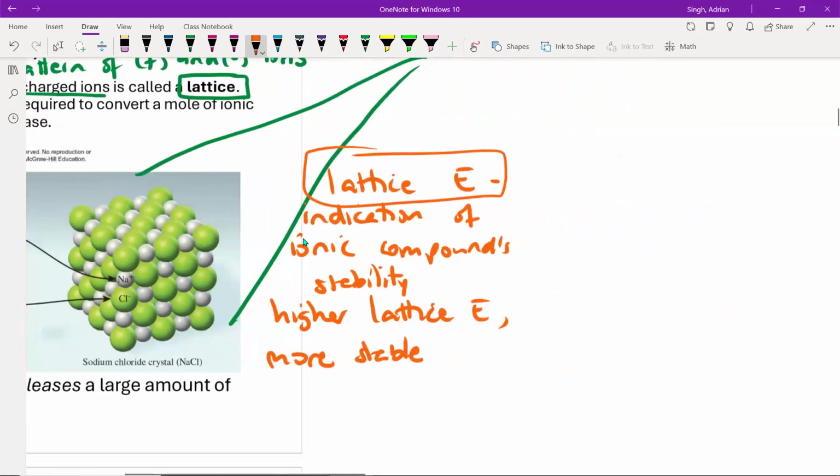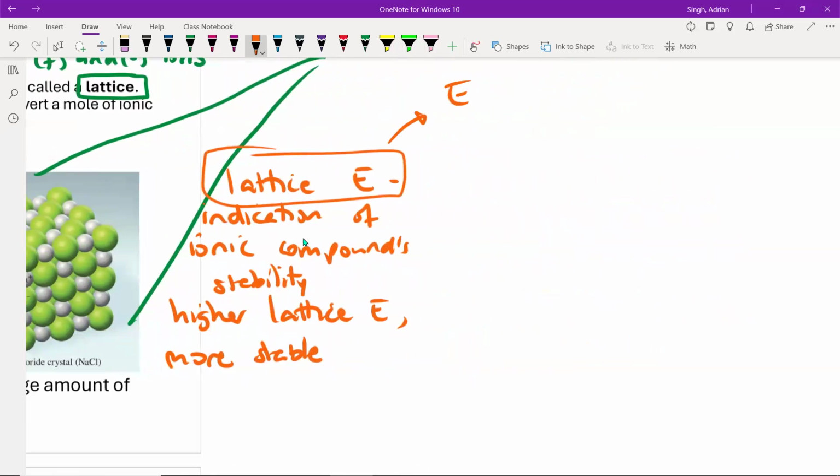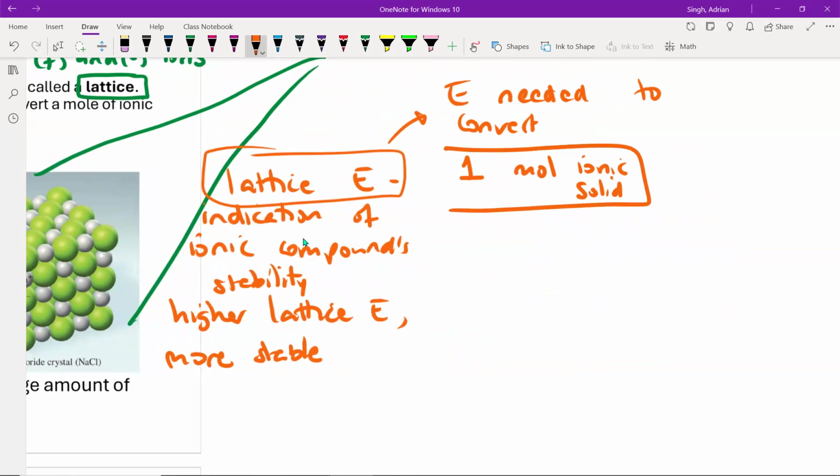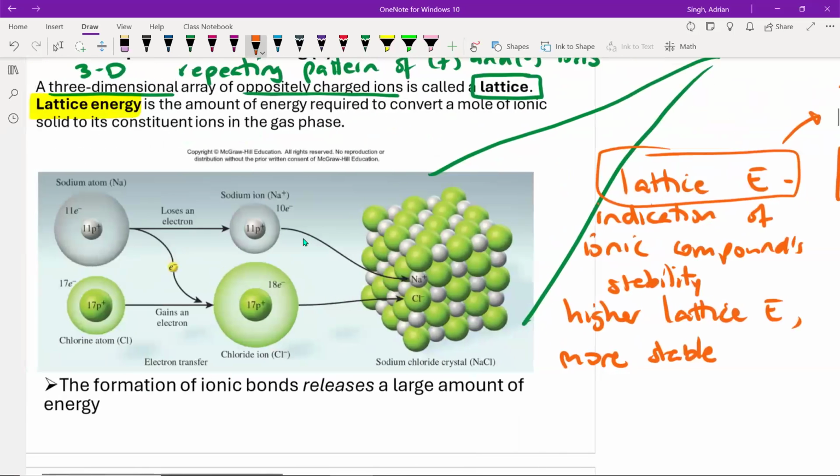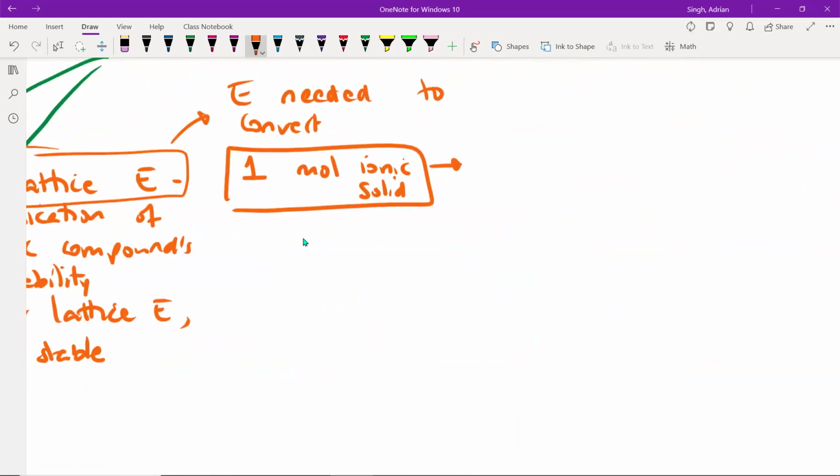It's the amount of energy needed to convert 1 mole of the ionic solid into the constituent ions, or their respective ions, that are now in the gas phase.